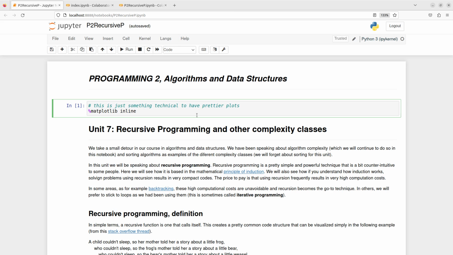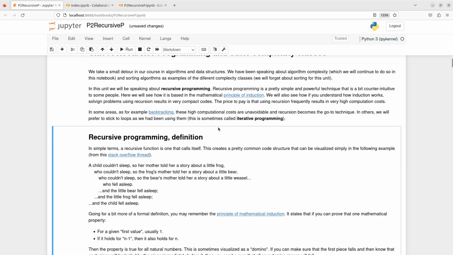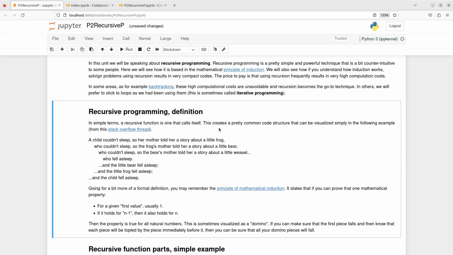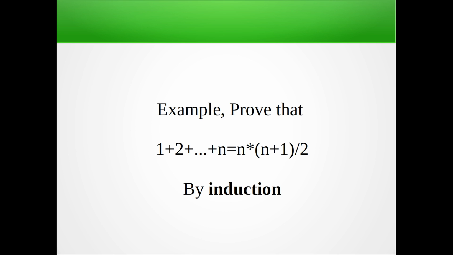And let's just start. The first thing that we have to do is actually define what recursive programming is. And I'm going to do that by first just saying that a recursive function is a function that calls itself. That, as we will see during this session, is a very important part of it.